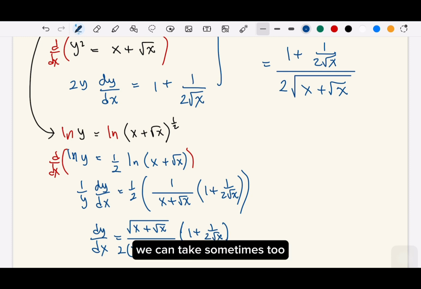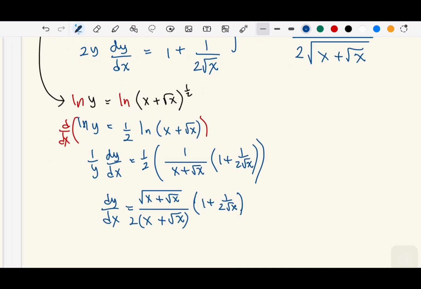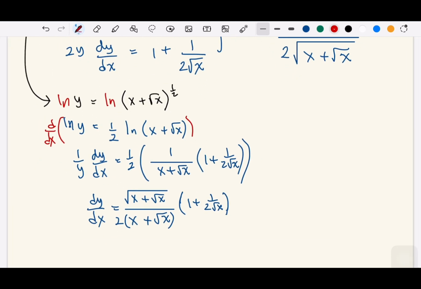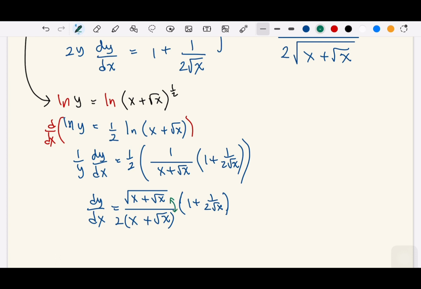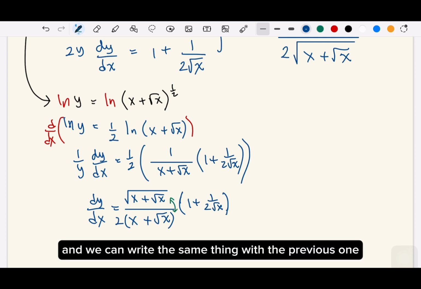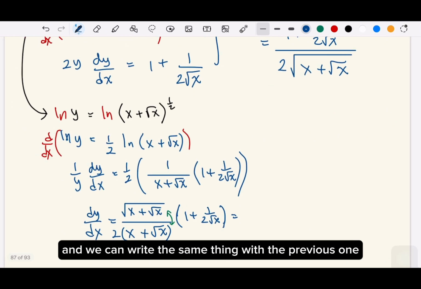We can take sometimes to cancel this 2. We can cancel this 2, right? And we can write the same thing with the previous one.